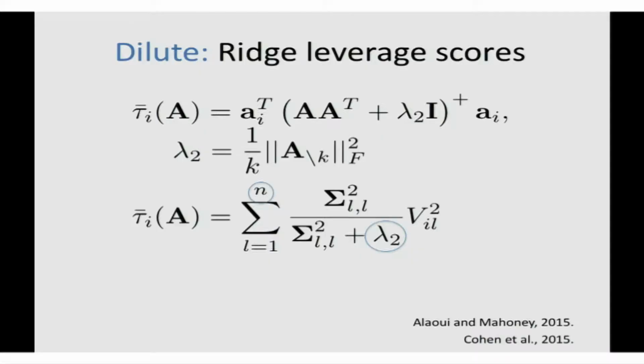So you can draw a similar picture to the one you did before. This is the dilution. Now your sum, rather than stopping at the rank k, which you have in the case of rank k leverage scores, goes all the way out to n, the sample dimension of your matrix.